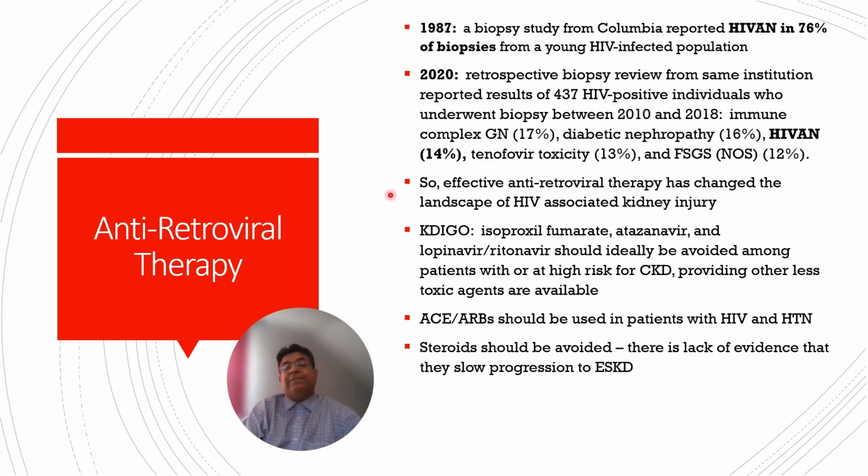So effective antiretroviral therapy has changed the landscape of HIV-associated kidney injury. And this becomes very obvious and dramatic when you notice that in a biopsy study from Columbia from 1987, the report was that HIVAN was found in 76% of biopsies from a young HIV-infected population.